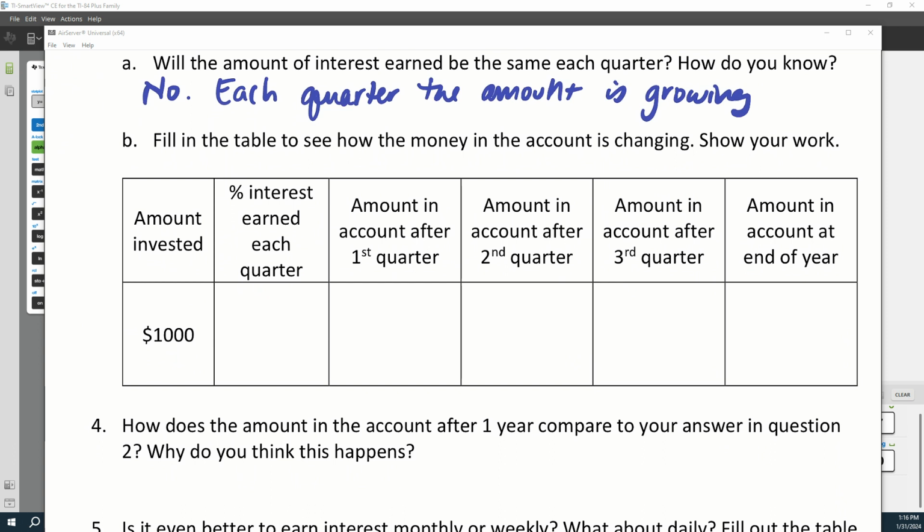Okay, so we're going to fill in this table to see how the amount in the account is changing. And so we're going to have 100% over a year, but divided into 4 quarters. So each quarter is going to be 25%. So let's see how much we're going to have in our account after the first quarter.